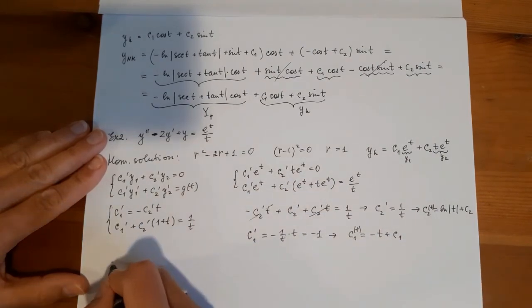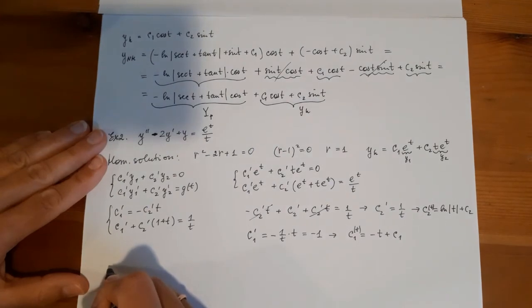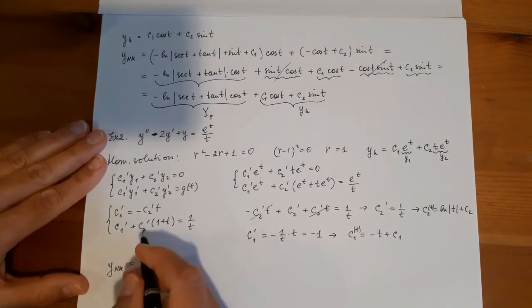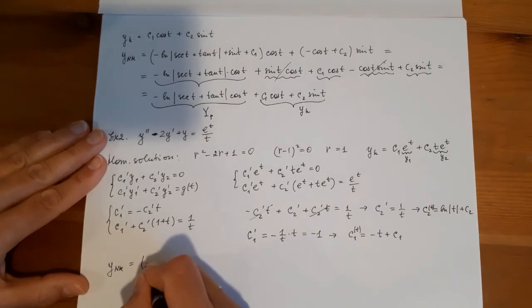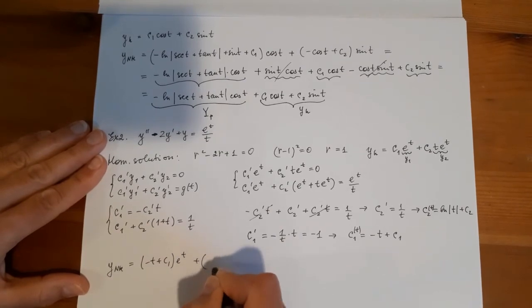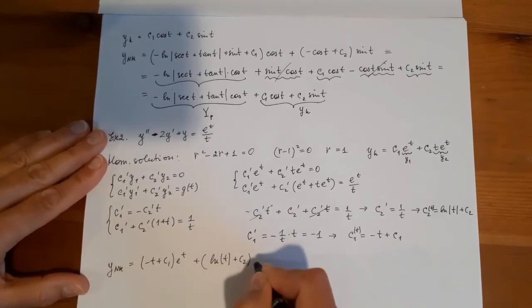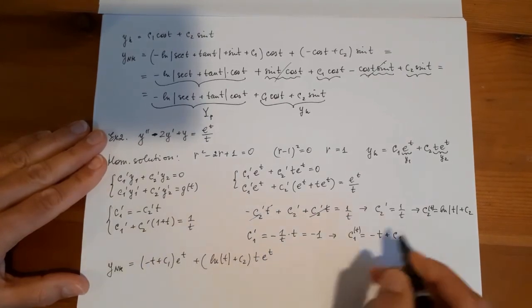Well, now we plug in everything back into our equation to get our non-homogeneous solution, which is the general solution. So c1 is minus t plus c1, times e to the power of t, plus ln of t plus c2, times t e to the power of t.